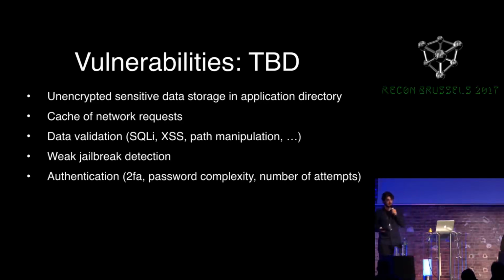Poor data validation vulnerabilities are less important for iOS applications than for web applications, but they can still be found here. Both poor data validation vulnerabilities and sensitive data leakage can be found by data flow analysis. We must track the sensitive information through data flow. The main problem here is that we must determine which information is sensitive.